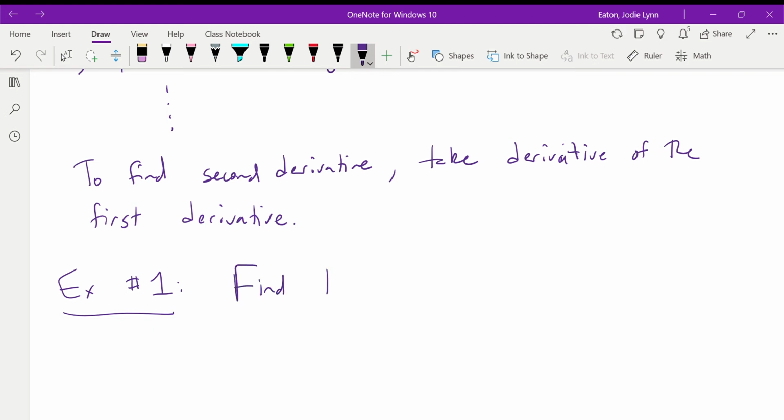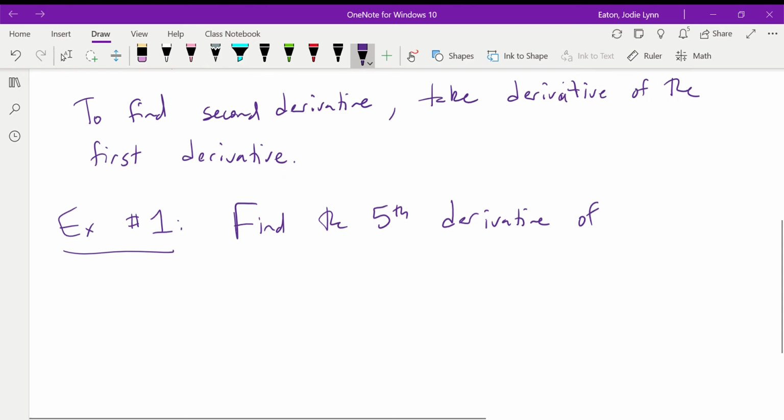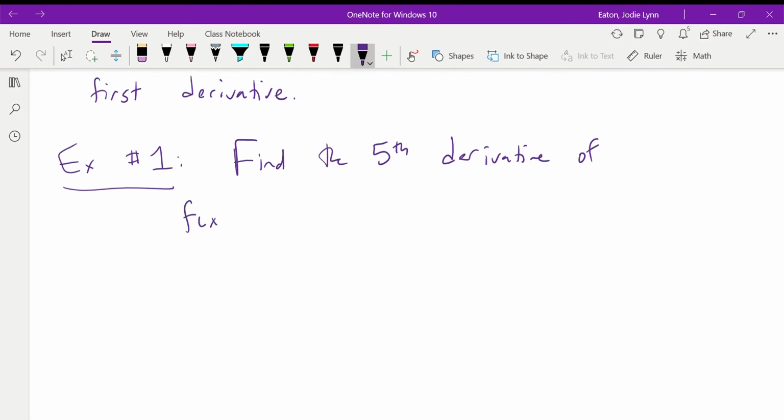So find the 5th derivative of f of x equals 3x to the 4th plus 2x cubed minus 5x squared plus 7x minus 1.